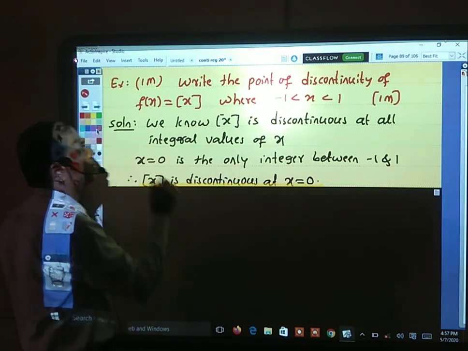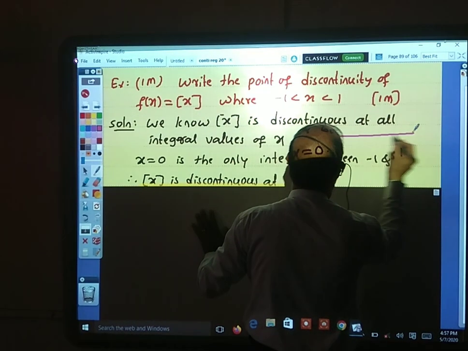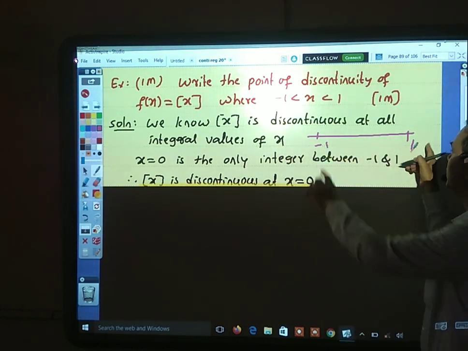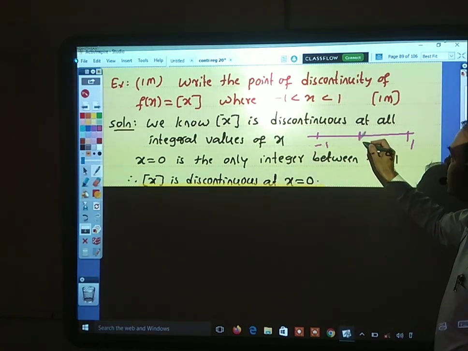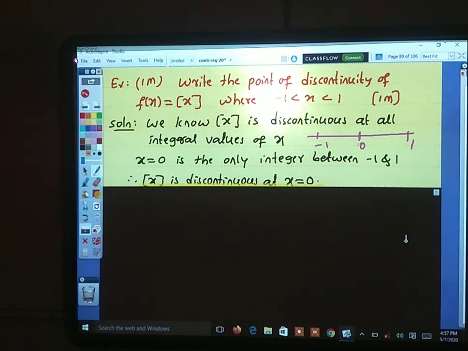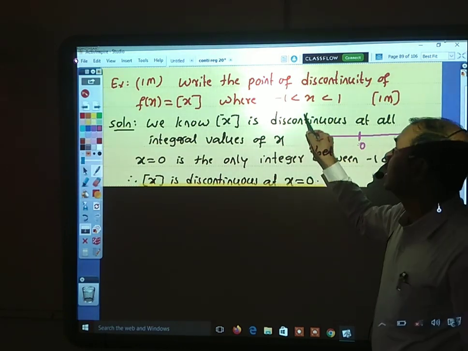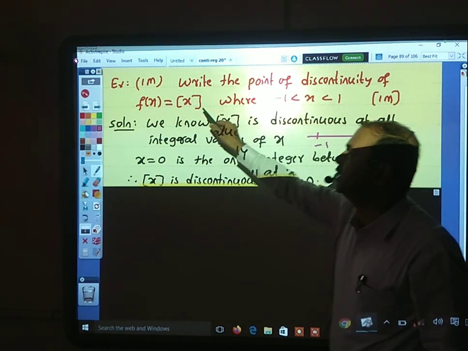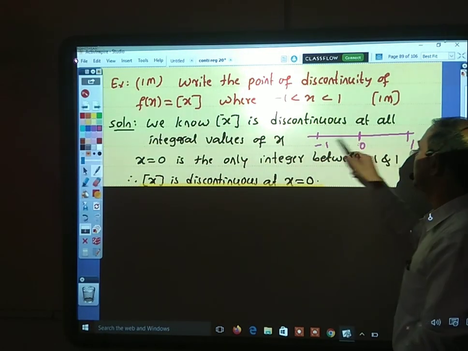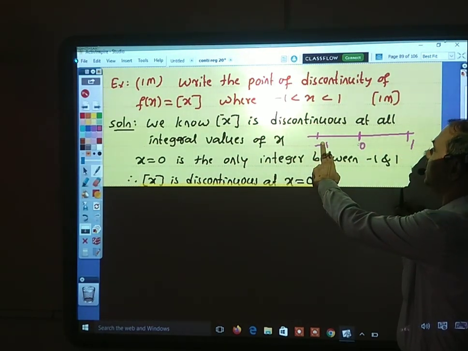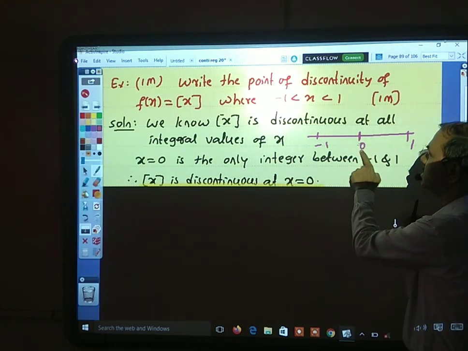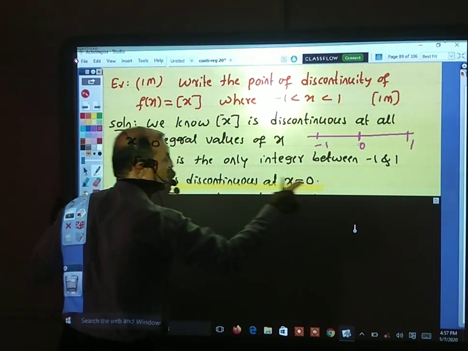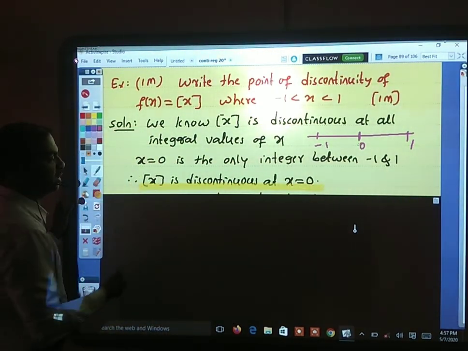Now we have to tell where it is discontinuous between -1 and +1. We know the result: it is discontinuous when x is an integer. Between -1 and +1, which integer comes? 0. So therefore this function, the greatest integer of x, is discontinuous at x equal to 0.